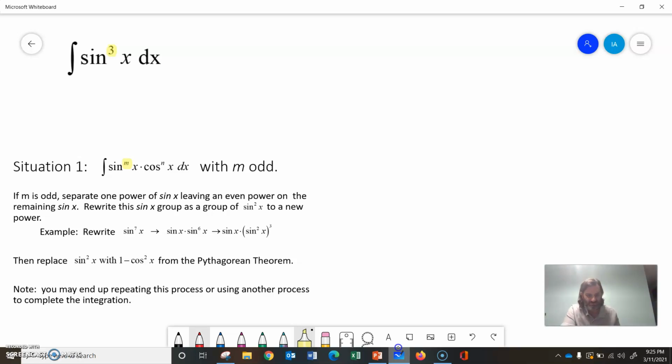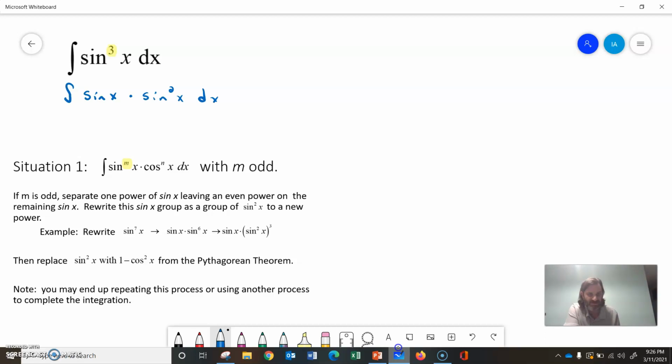So what we're going to do is separate and make it sine of x times sine squared of x dx. Now, the nice thing about this one is that sine squared is already in the right form.